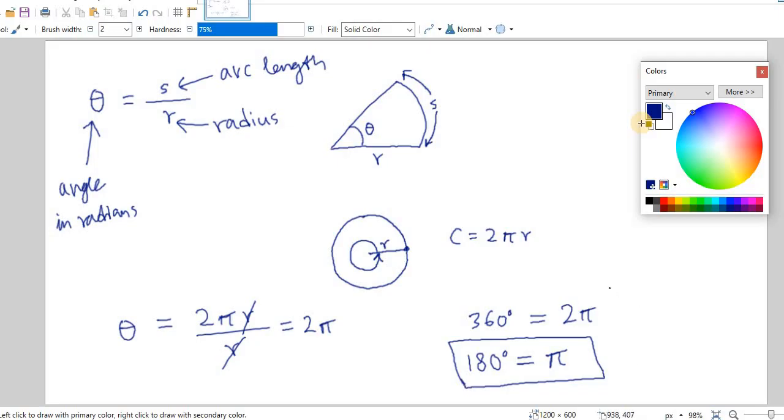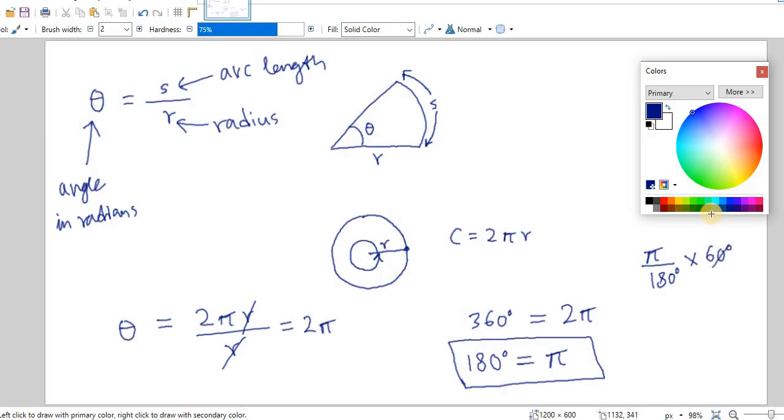So if you have an angle in degrees, for example, let's say you have 60 degrees and you want to convert it to radians, then I will use this conversion factor. We know pi is 180 degrees. So if you want to find what is 60 degrees in radians, then you have this.